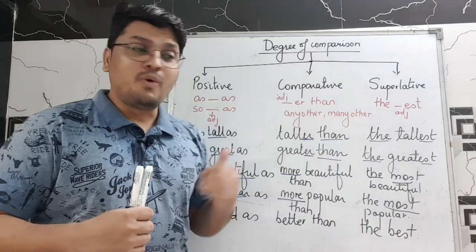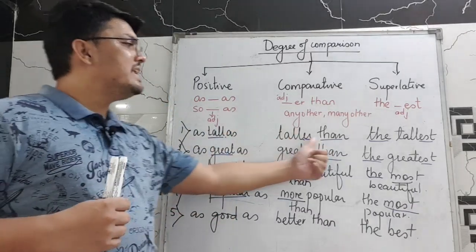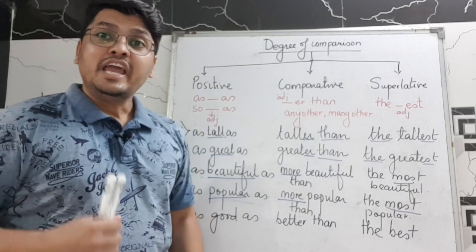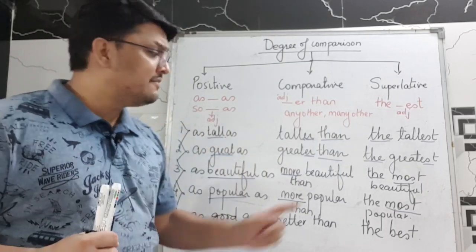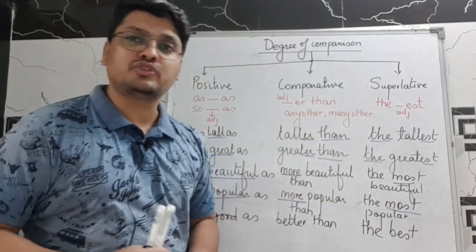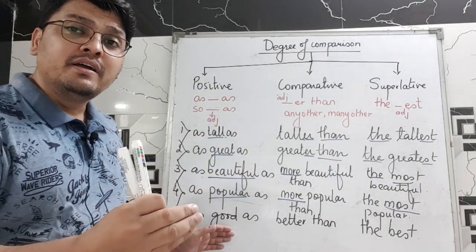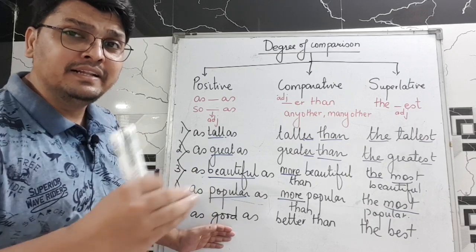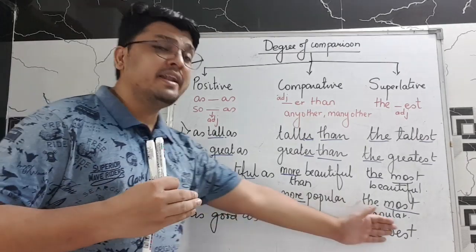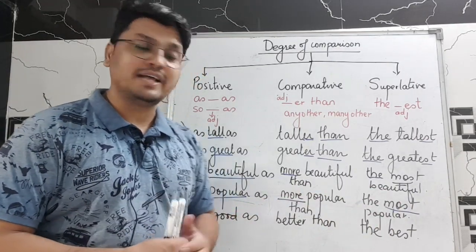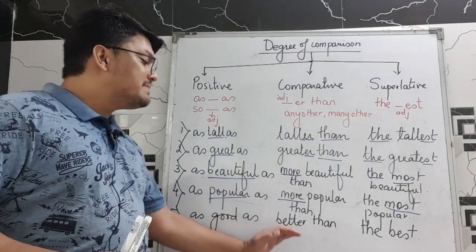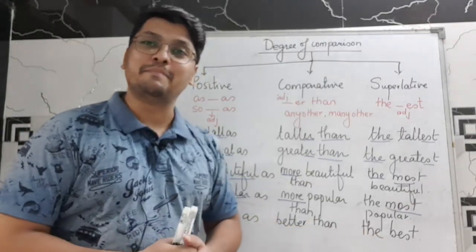With a one syllable adjective, you have to use er and est. If it is a two or more syllable adjective, use more and most. And if you see such adjectives like good, bad, little, you will see they are different in the other two degrees of comparison. As you can see how as good as became better and here the best.